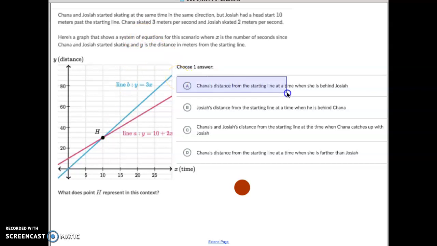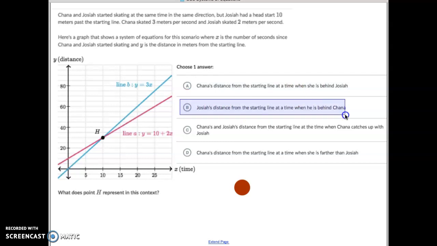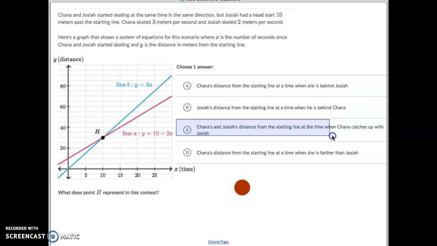China's distance from the starting line at the time she is behind Joshua. Joshua's distance from the starting line at the time she's behind. Don't quite know what that means. Joshua's distance from the starting line when he is behind. Again, is behind, that doesn't work. China and Joshua's distance from the starting line when China catches up to Joshua.